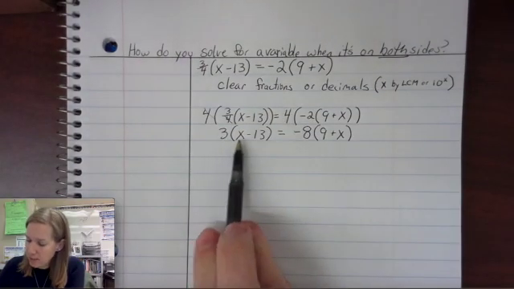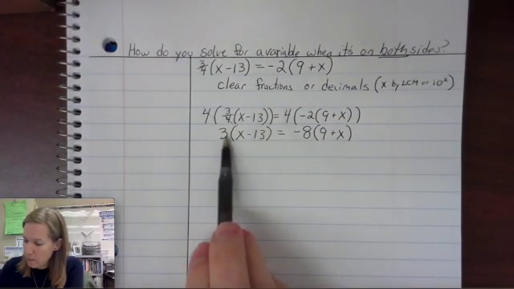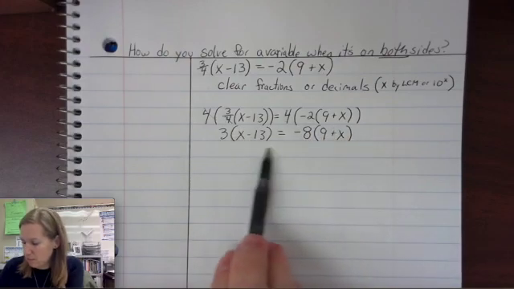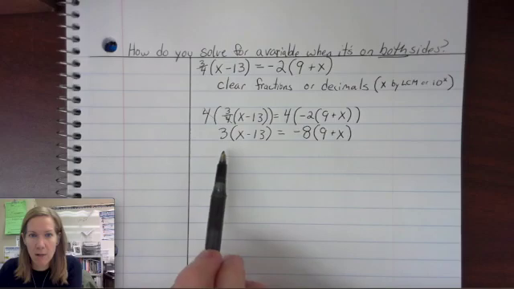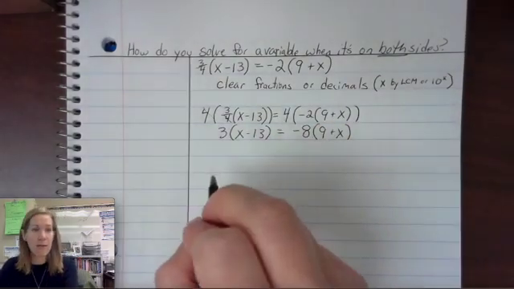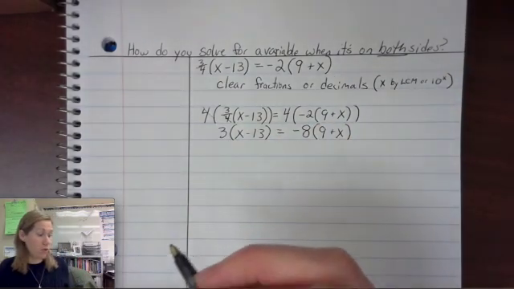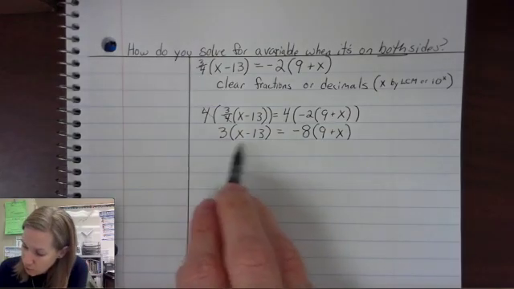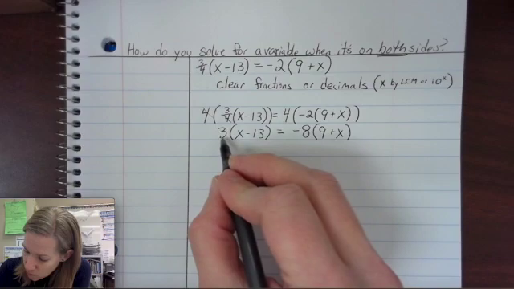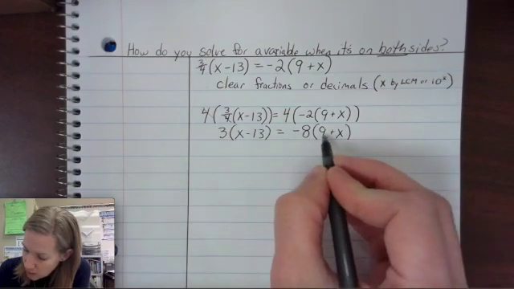And if you can see, yes, it has larger numbers, but it's a much easier equation to solve than this one up here because that fraction is gone. So now we just solve it like you do with any of the multi-step equations. So first we're going to distribute this 3 and this -8.